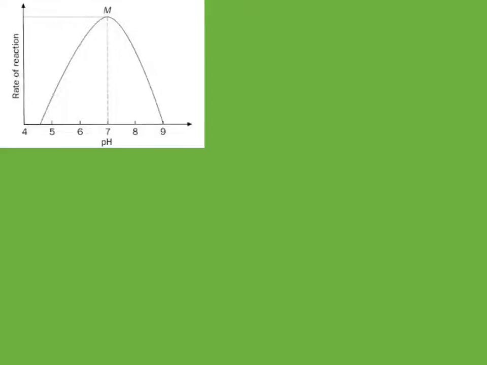When we look at this graph, it gives us a picture of how pH affects enzyme activity. You now see that at 7, which is the neutral point of the pH scale, the enzyme graph is at its peak.